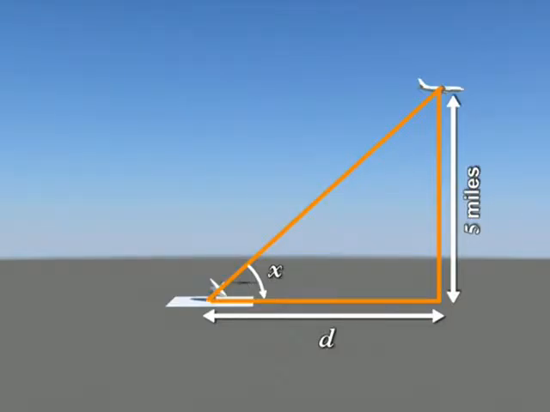And here's the question. If d is the ground distance from the antenna, from the radar station, to the point directly under the plane, as indicated in that figure, and if x is the angle of elevation to the plane, the angle as labeled in the picture, can we write d as a function of x, the distance as a function of x? Let's do that, and then we'll notice the picture that results from this.